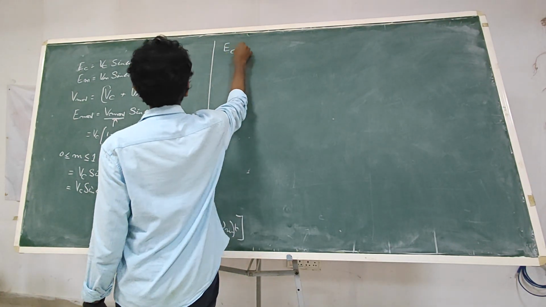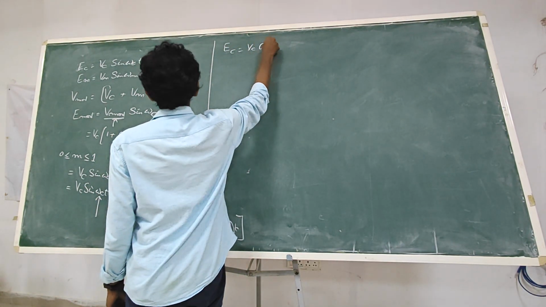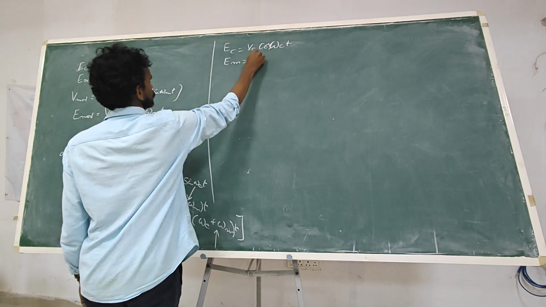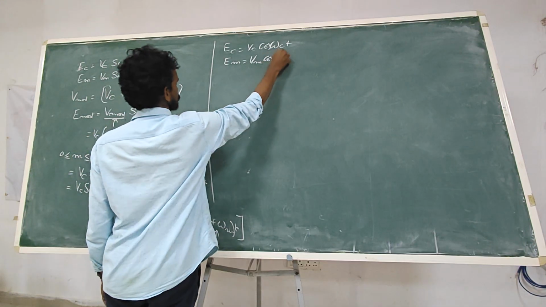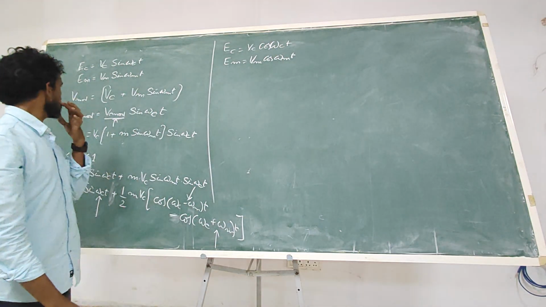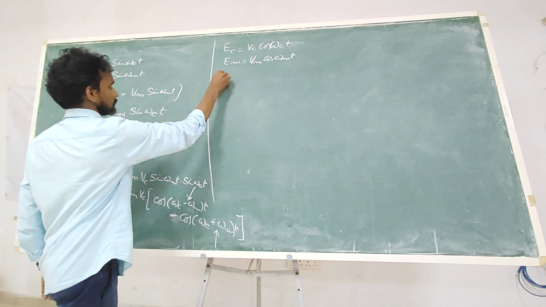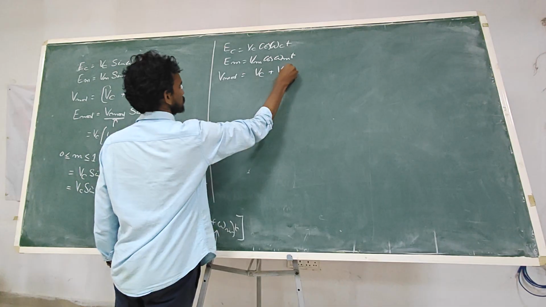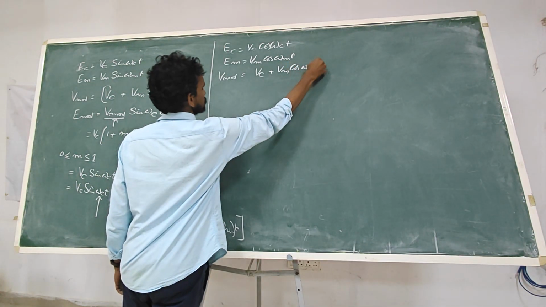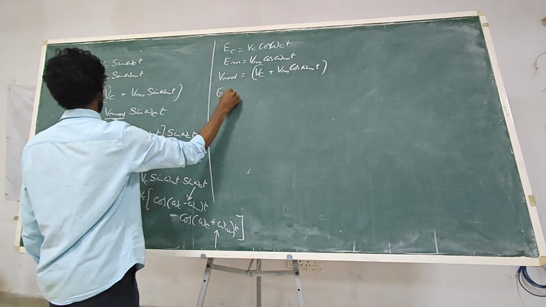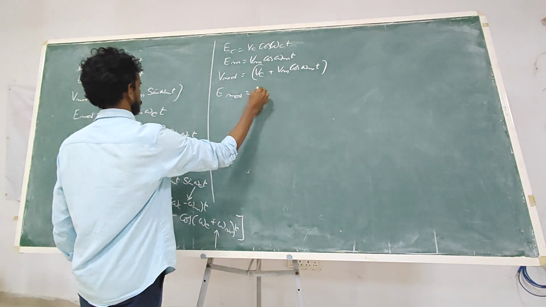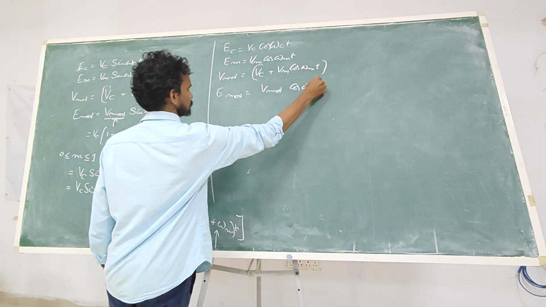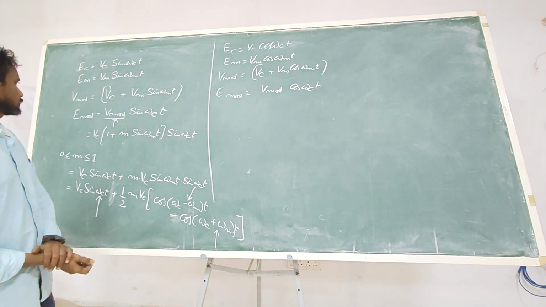Like if you consider Ec equal to Vc cos omega ct, Em equal to Vm cos omega mt, and the modulation amplitude Vc plus Vm cos omega mt, then the modulated wave is given by this.